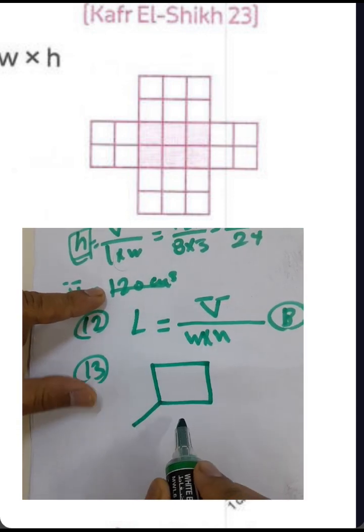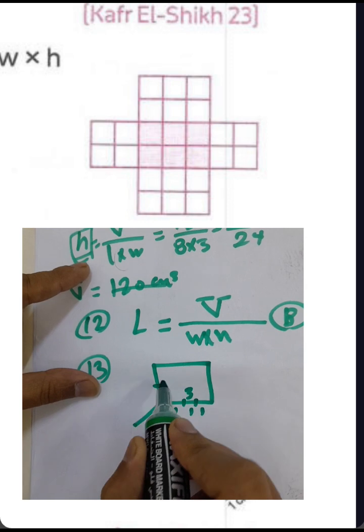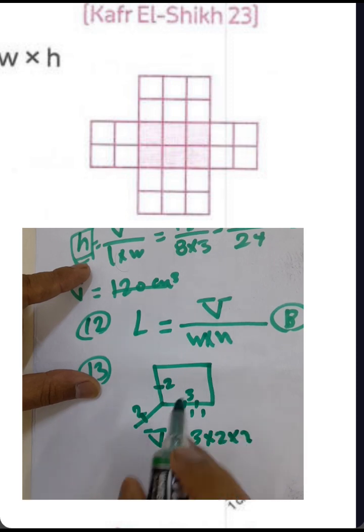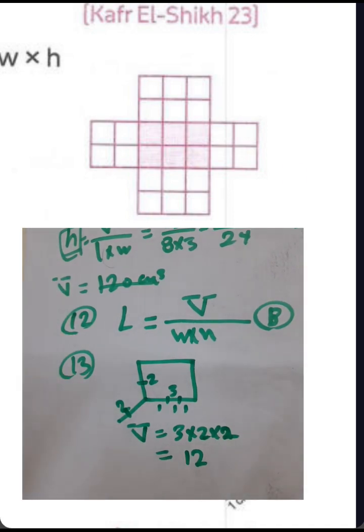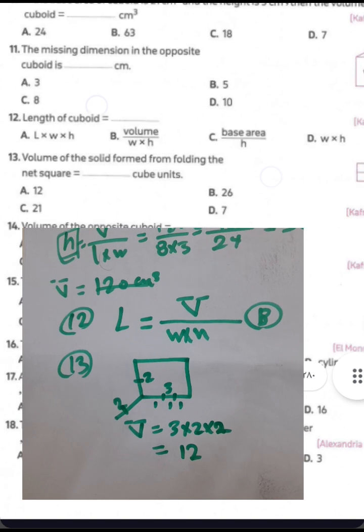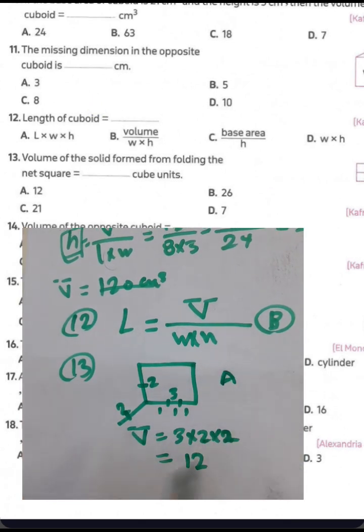You can count here 1, 2, 3, 1, 2, 3. We have 3 lengths and 2 widths and height 2. And the volume equals 3 times 2 times 2, length times width times height. 3 times 2 equals 6, 6 times 2 equals 12. Then the volume here will be 12. Choose letter A for question 13.